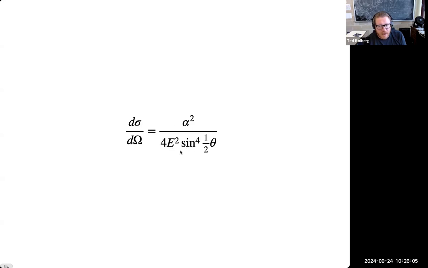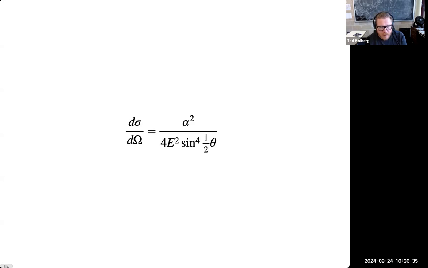E is the energy of the electron, and theta is the scattering angle. In this case, we're assuming that the particle that it's glancing off of is basically fixed. So you can imagine the target particle as sort of nailed to the chalkboard, and therefore the energy of the outgoing electron has to be equal to the energy of the incoming electron in order for energy to be conserved. And that's why there's only one value of E here.